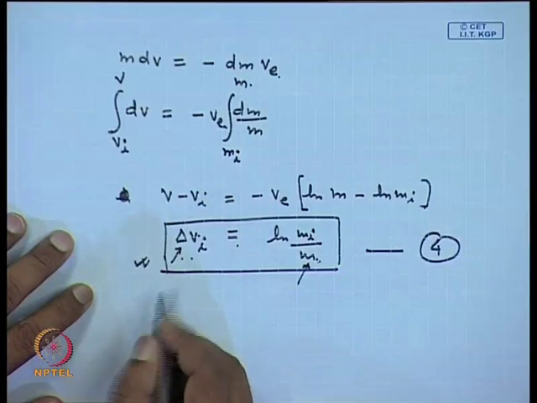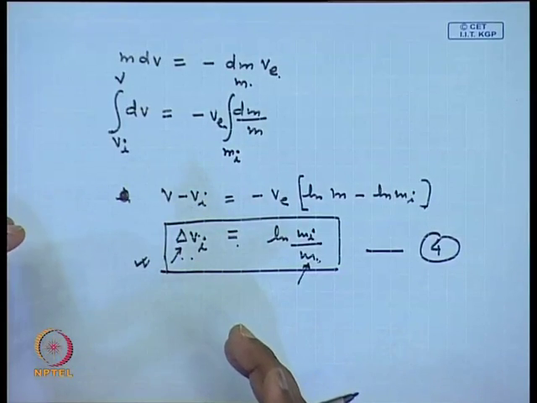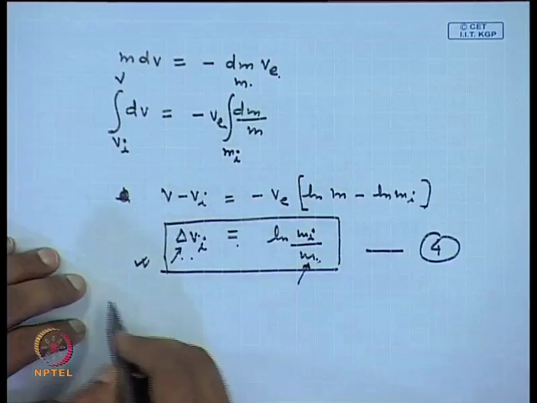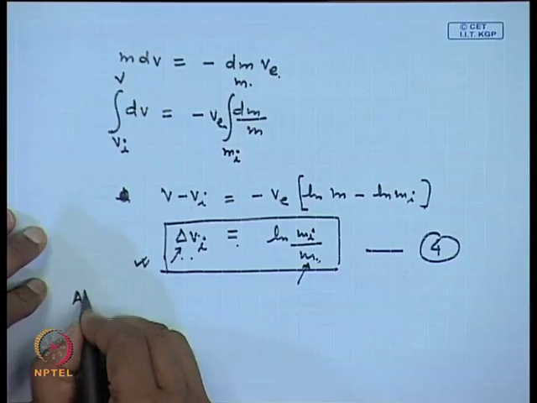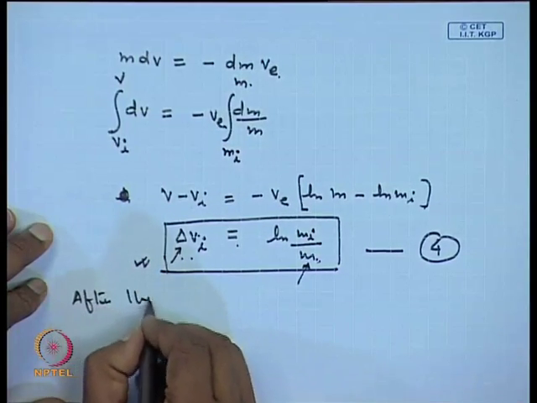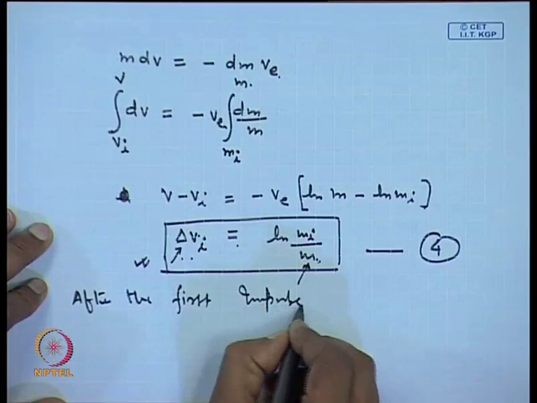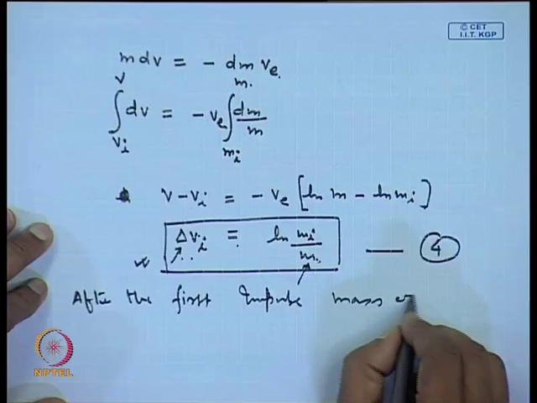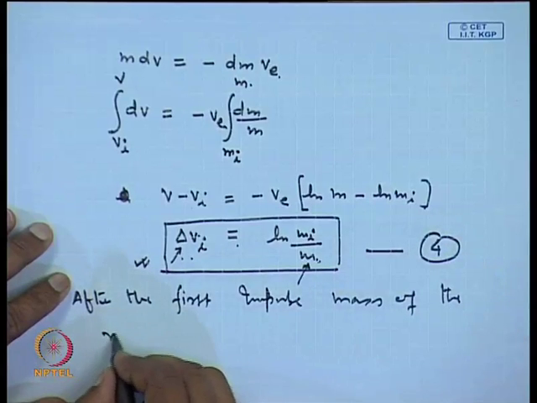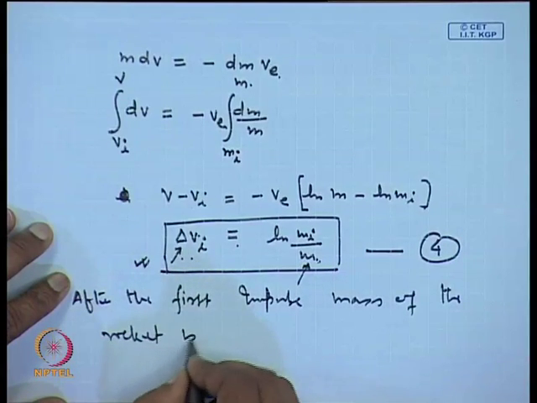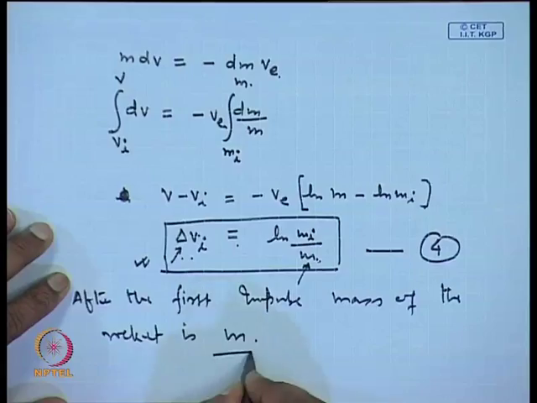Now, we are having the mass of the rocket, which is m right now. So, after the first impulse, the mass of the rocket is m.